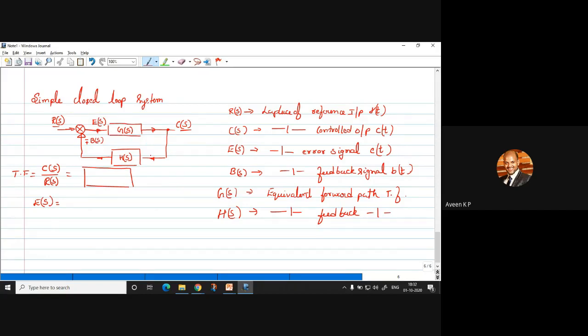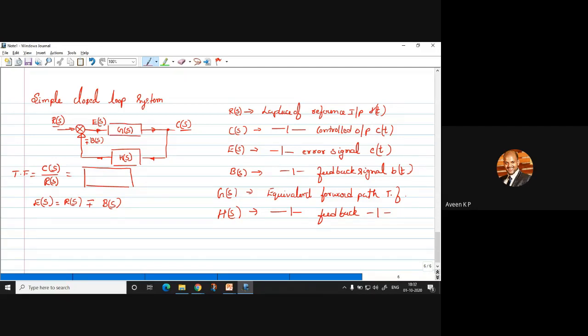If it is a negative feedback signal, E of S is equal to R of S minus B of S. If it is positive, R of S plus B of S. Depending on the nature of the signal, E of S can be defined as R of S minus or plus B of S.